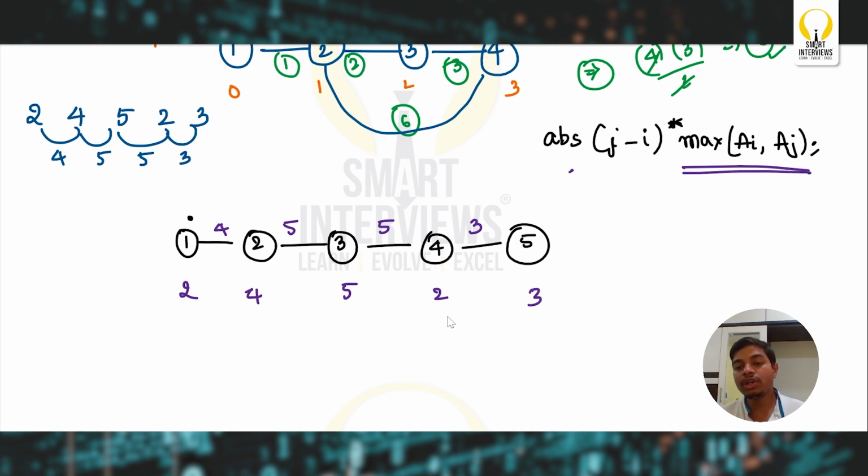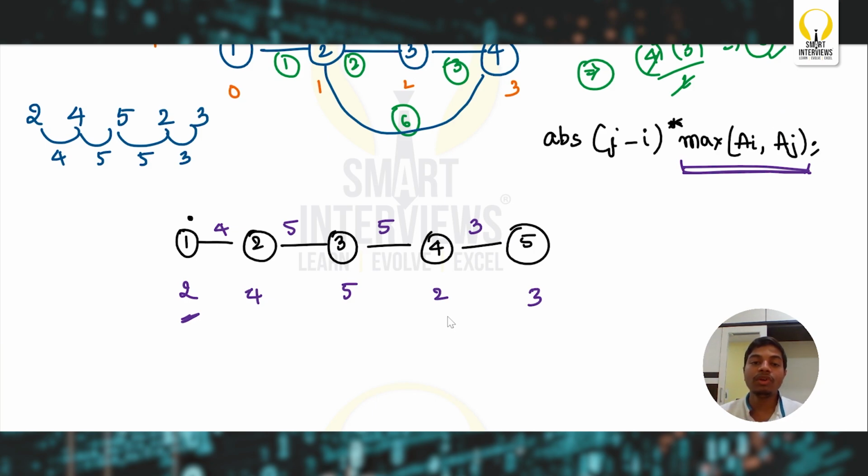If I can somehow reduce the max of a of i, a of j, obviously this entire value will be reduced. So how can I reduce this value? The first value will be the same, because I'm going to start from the first one, that is value 2. So if I can figure out the second value that is nearest to the value of 2, or else smaller than 2, that will be fine, right?